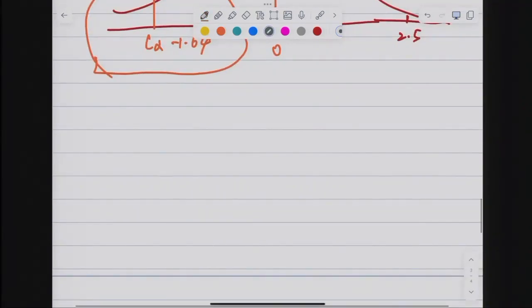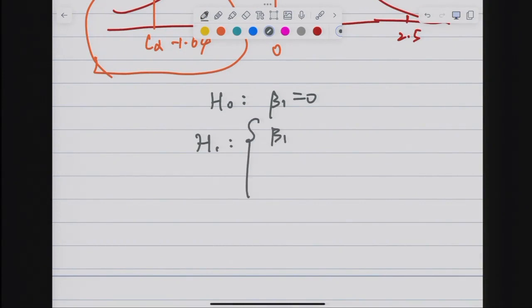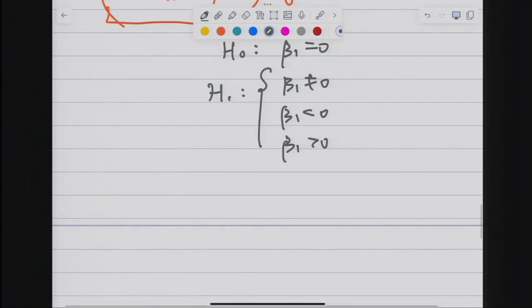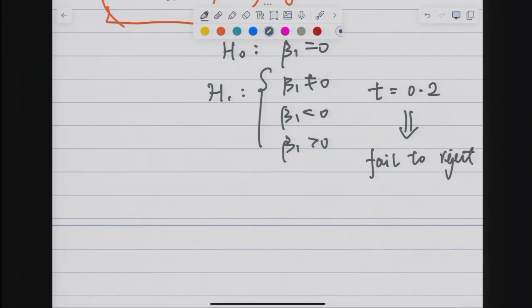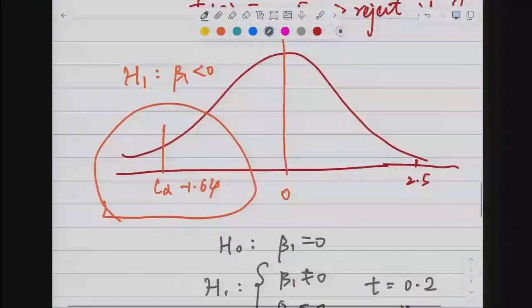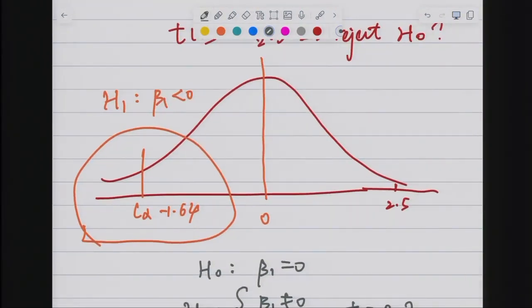So basically what we're saying is, given this is our null, regardless of whether the alternative is different from 0, smaller than 0, or greater than 0, given a t-statistic of 0.2, we would always fail to reject. Do you think this is correct or wrong? This is correct.